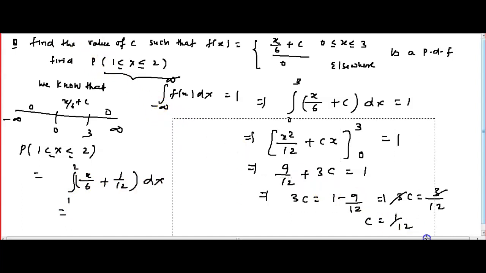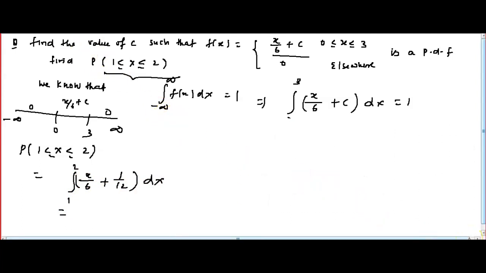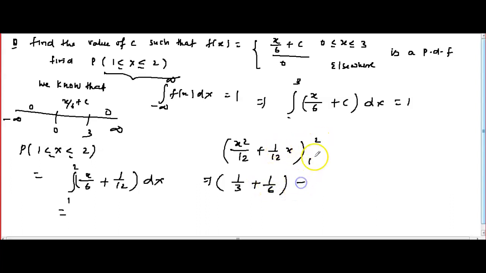One minute, I will delete this one. The integration of x by 6 is x square by 12 plus 1 by 12 x, from 1 to 2. So if you substitute 2, 2 square is 4, 4 by 12 which is 1 by 3, plus 2 by 12 which is 1 by 6, minus, if you substitute 1, 1 by 12 and this is 1 by 12.